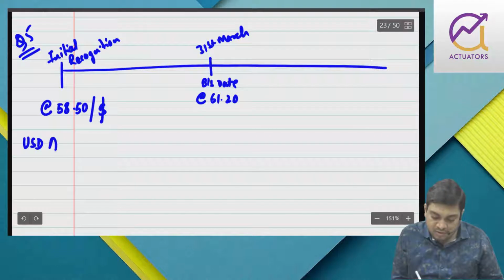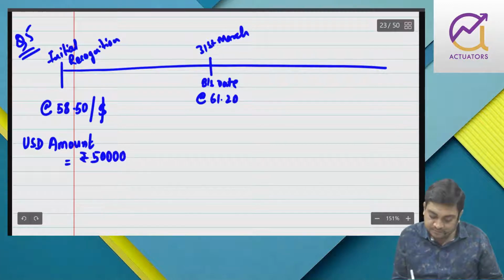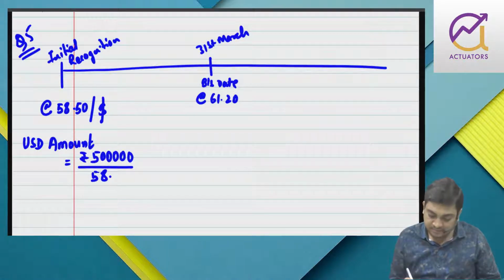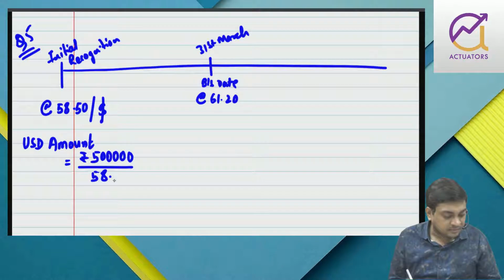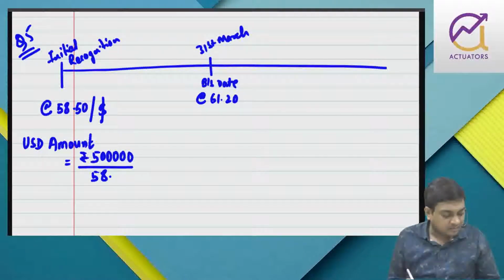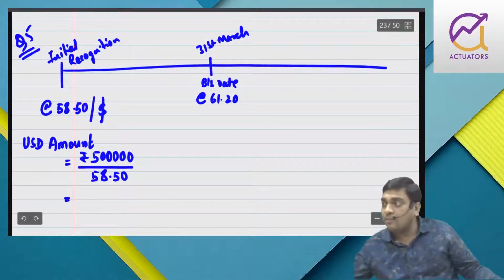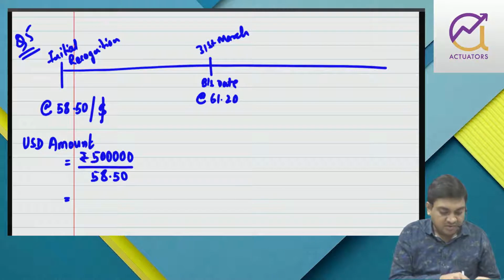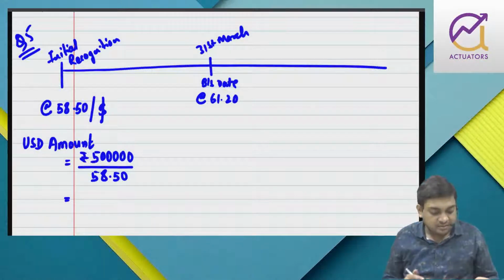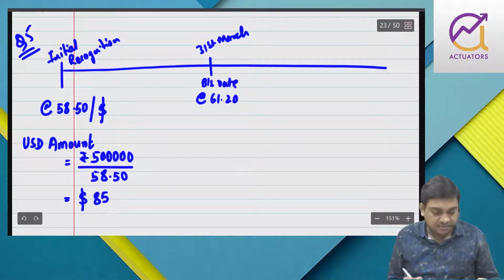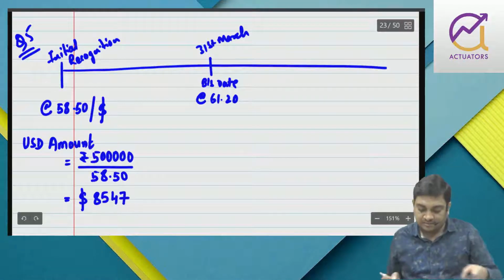So what will be the USD amount? If 5 lakh was the initial recognition in Indian rupee and the spot rate was 58.50, what was the dollar amount of that transaction? 5 lakh divided by 58.5 comes to $8547.